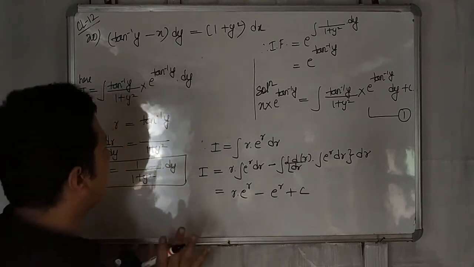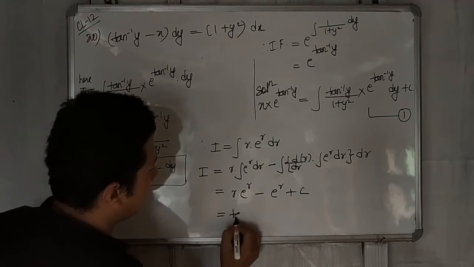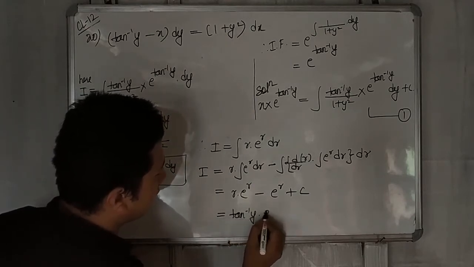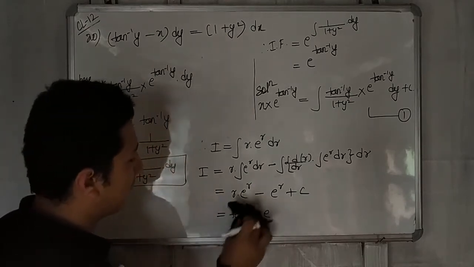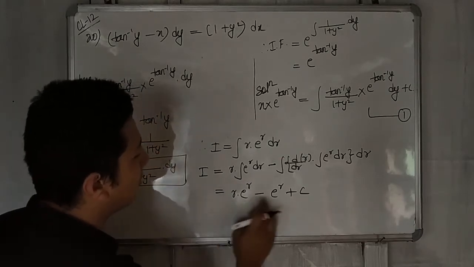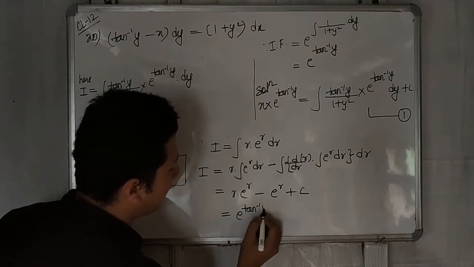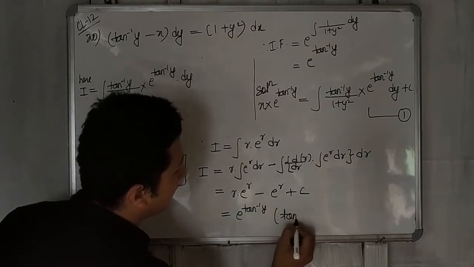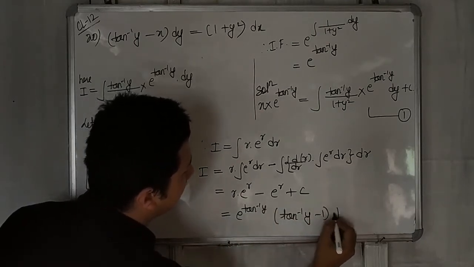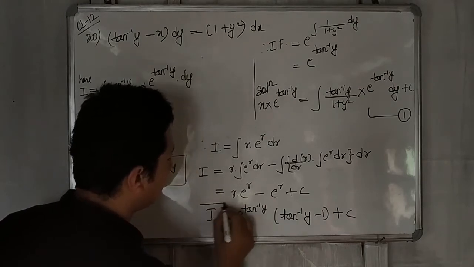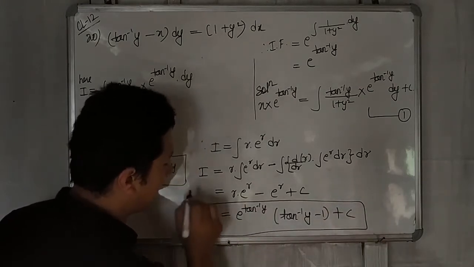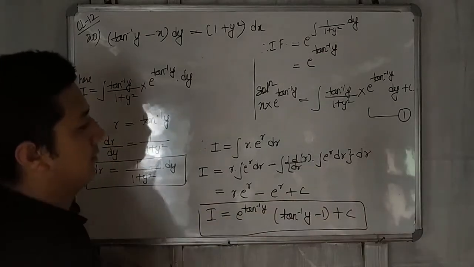So finally we put the value for r. So r is tan inverse y, into e to the power r common, that is e to the power tan inverse y into (tan inverse y minus 1) plus c. This is the value for capital I. Take this capital I and put it in equation number 1, the solution is done.